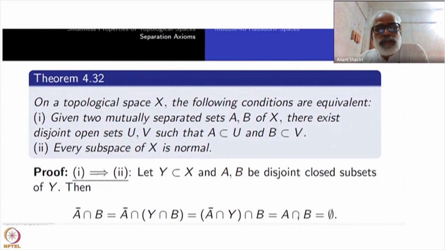So this A intersection B, and A intersection B is empty is the starting hypothesis. A and B are disjoint closed sets. Okay, similarly, B bar intersection A will be also empty, exactly similar. Therefore, when you pass on to the larger space, they will be separated.